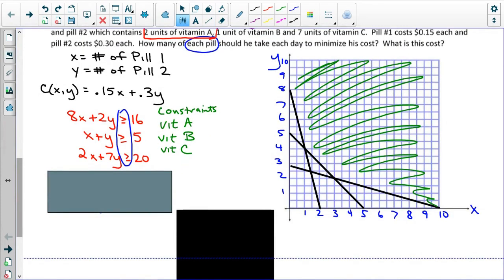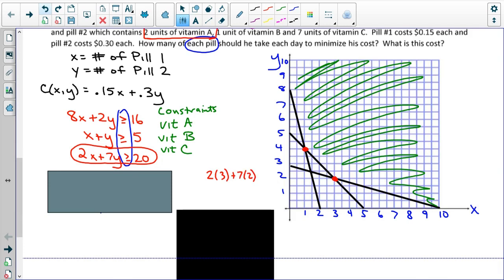And I'm trying to minimize things. So since I'm trying to minimize, these are the only 2 points that I can actually look at. This line that I'm tracing over in red is a little shaky in terms of where that intersection point actually is, because I had a questionable y-intercept in terms of how I was graphing it, but it looks like it's at 3, 2. So I'm going to confirm that 2 times 3 plus 7 times 2 equals 20.